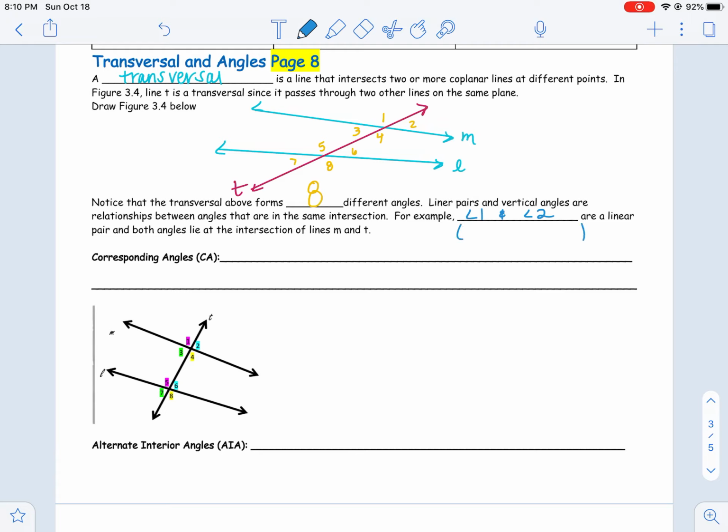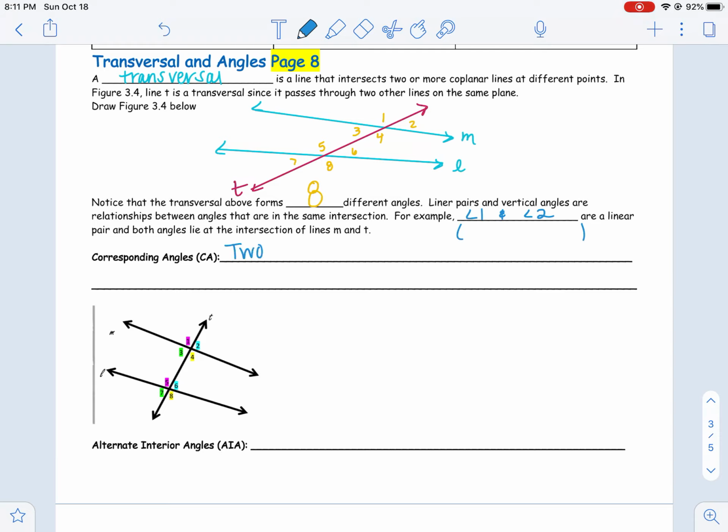Okay? So, like I was saying, all these different kinds of angle relationships and different kinds of angle pairs form because of the single transversal that cut through those two lines, okay? The first one is going to be corresponding angles.